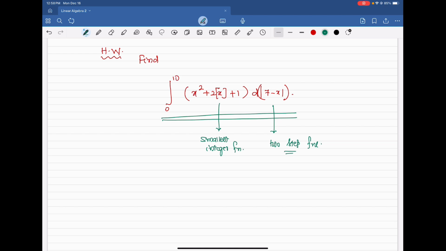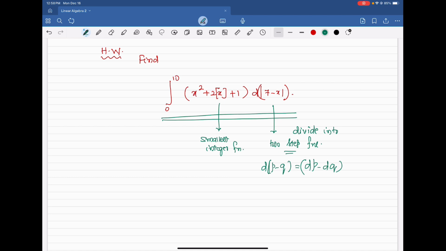You have to divide into two step functions, and then apply the theorem of d(p minus q) equals dp minus dq.